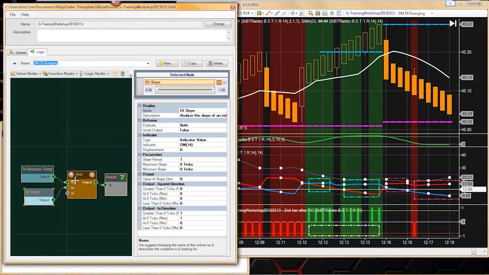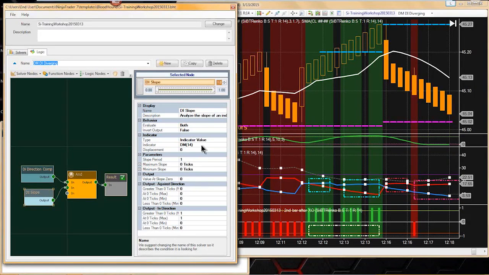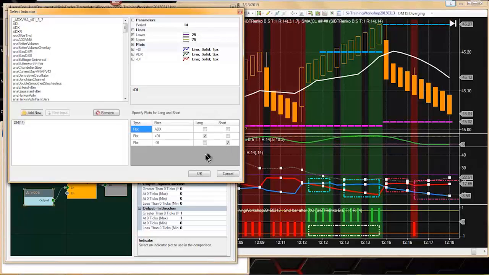I thought I could take a shortcut and do this with one slope solver, but that doesn't seem to be the case. So I'm going to go back to my original plan.